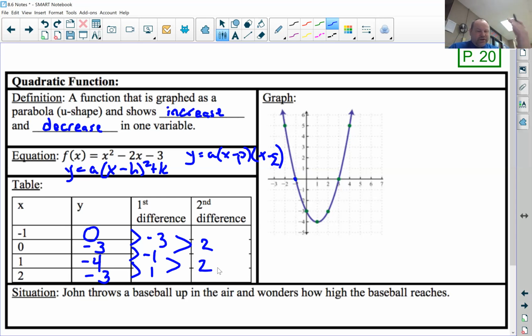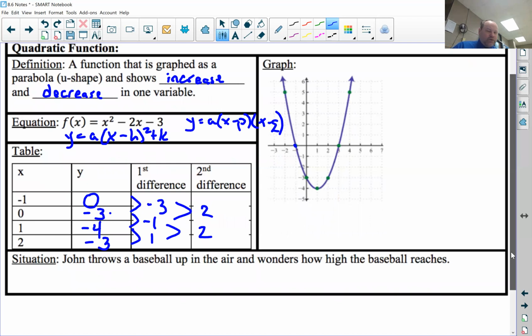Another way to tell on a table of values, other than the differences, look for some symmetry in the values, right? Then we have a -3 on both sides. I think in this case, the graph probably shows it the easiest to recognize. A situation that would be modeled by a quadratic function: John throws a baseball up in the air and wonders how high the baseball reaches.